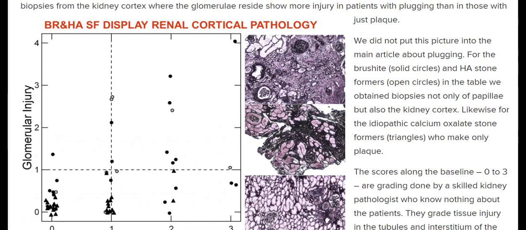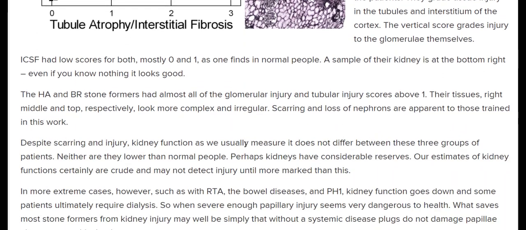Most of it's fine. Most of the cortex of most stone formers, even with plugging, is fine. But there is cortical injury. If you want, when the video is over, you can check out the dots and what these various types of injury mean. But basically, I've told you what it means.